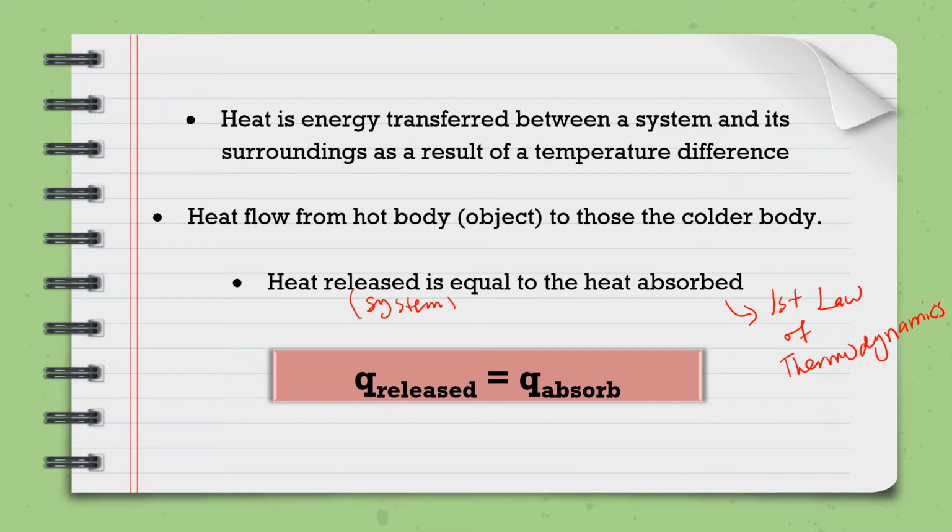By right, if you refer to your lecture note, since we are conserving the energy, it's supposed to be Q absorbed plus Q released equals 0. Zero here means the energy is conserved, it is not destroyed, and no new energy is formed.